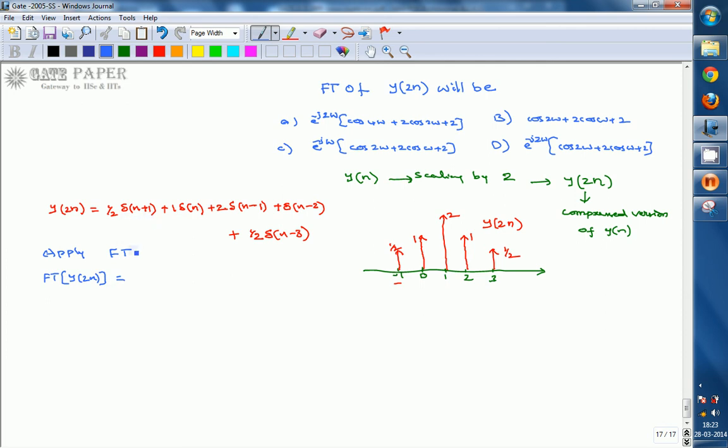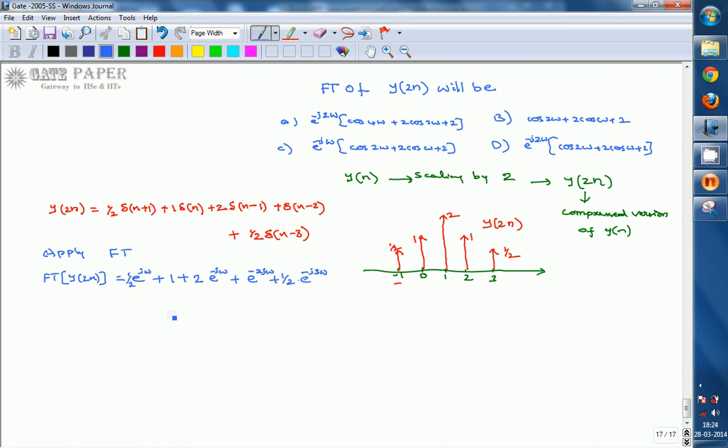Applying the time shifting property, we get 1 by 2 of e power j omega into the Fourier transform of del of n, which is 1, plus 2 into e power minus j omega, the Fourier transform of del of n is 1, plus e power minus 2 j omega, the Fourier transform of del of n is 1, plus 1 by 2 into e power minus j 3 omega, the Fourier transform of del of n is 1.